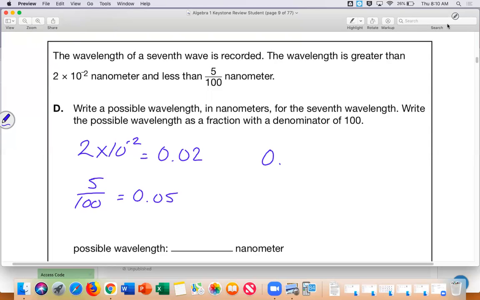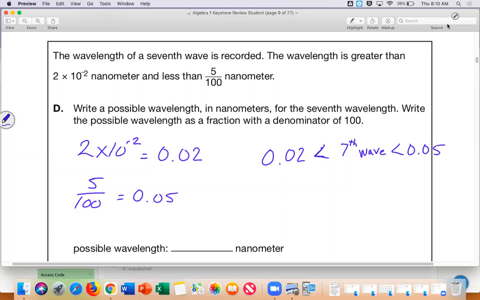So because it says greater than and less than, it doesn't say equal to. So I have the 7th wave greater than 0.02. I'm going to write words for you, 7th wave, so you know what I'm talking about. Does that make sense? And then it has to be less than 0.05. So the 7th wave needs to be in between those.